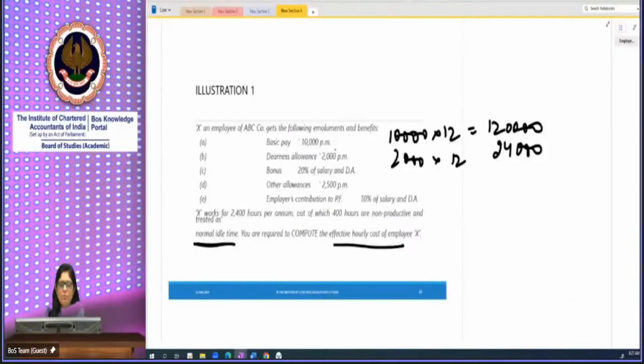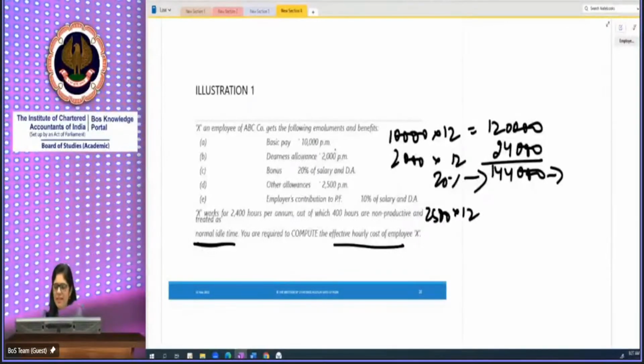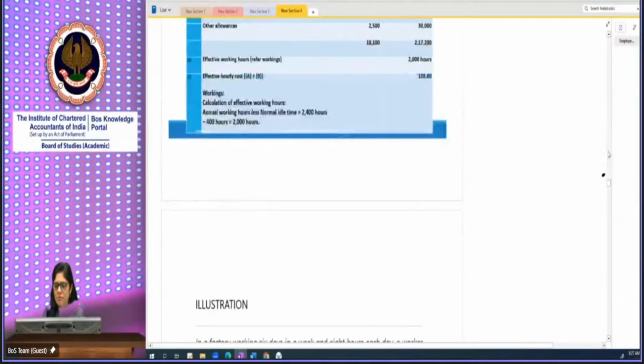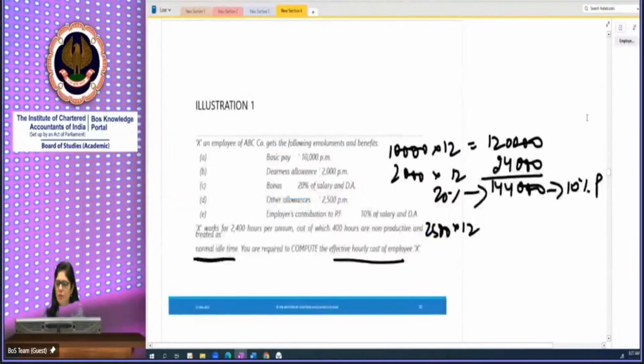Then you have bonus also, 20% of salary and DA, so do 20% of 144,000 and add the bonus. Then 2,500 per month allowances also, so 2,500 into 12. Then employer's contribution to PF, 10% of salary and DA. This PF contribution you also add. So this will be the total cost.